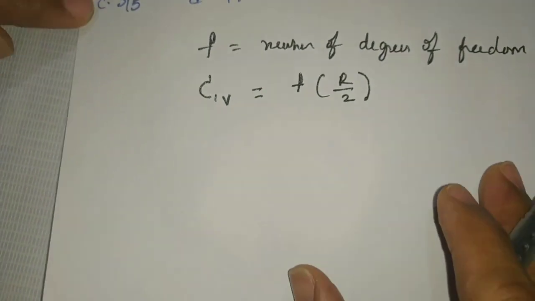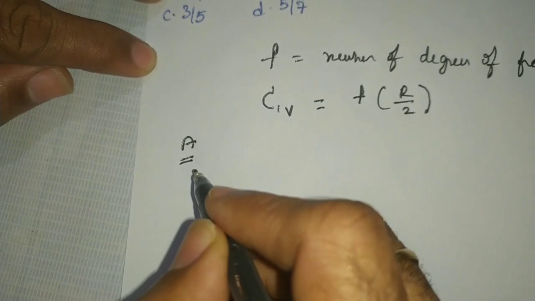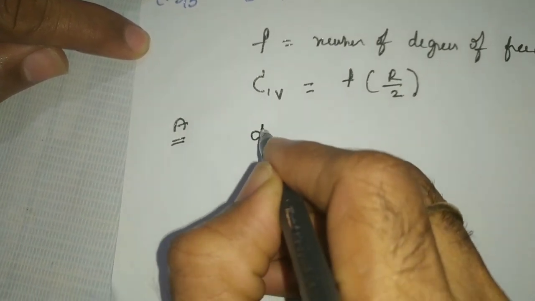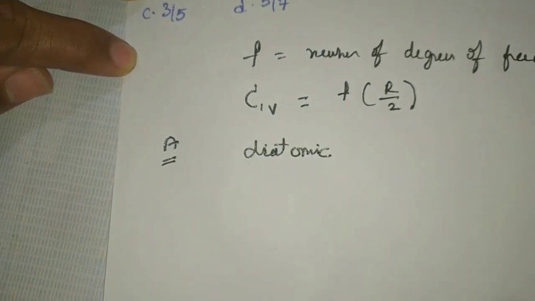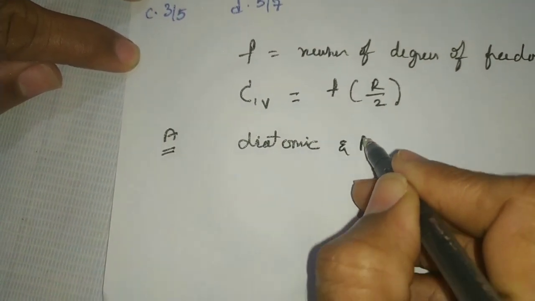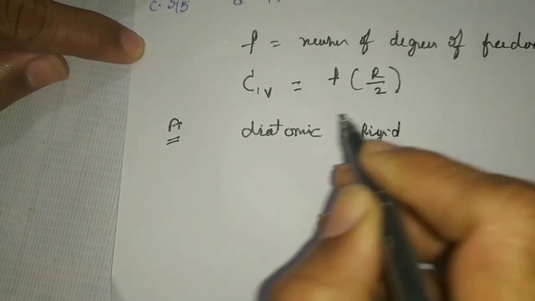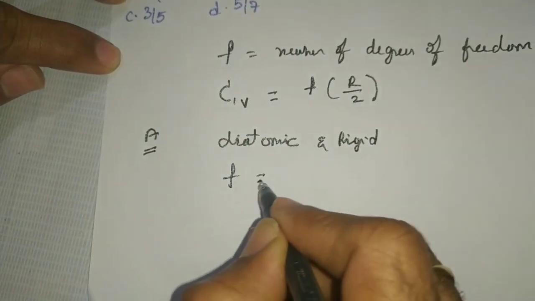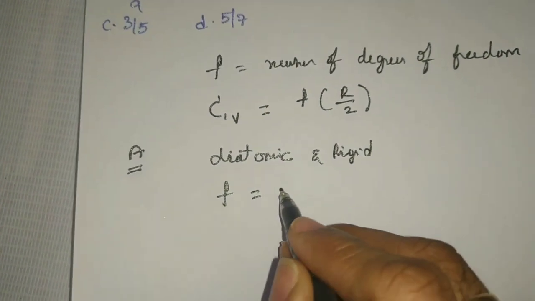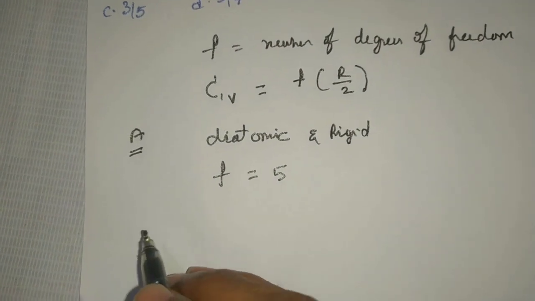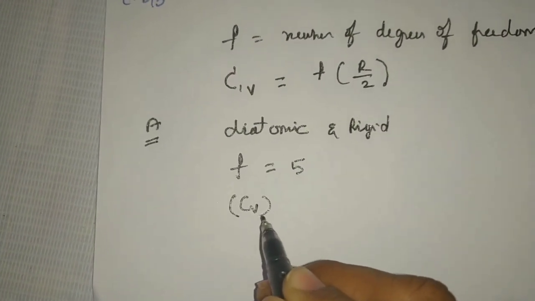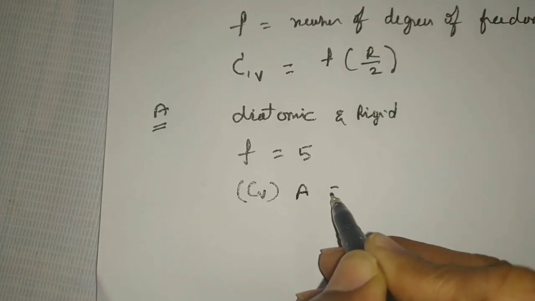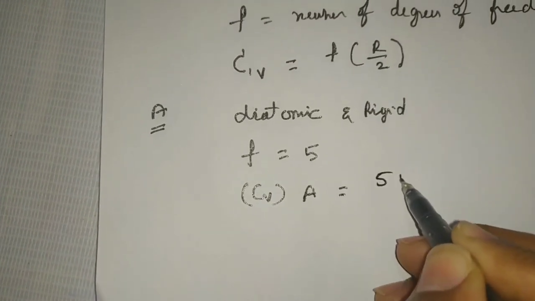Here consider gas A. Gas A is a diatomic gas from the data, and rigid, diatomic and rigid. So the number of degrees of freedom is 5 for a diatomic gas. Therefore, molar specific heat at constant volume for gas A, Cv of A, is equal to 5r by 2.